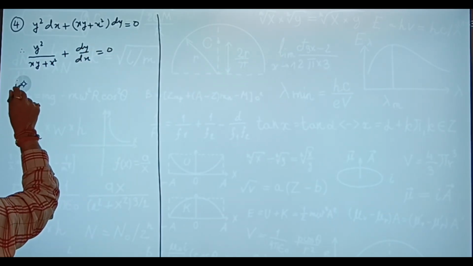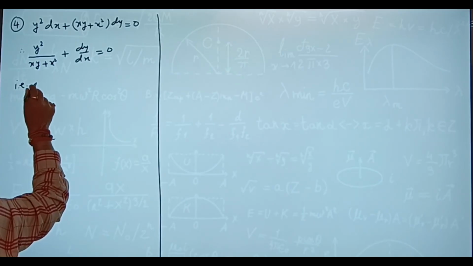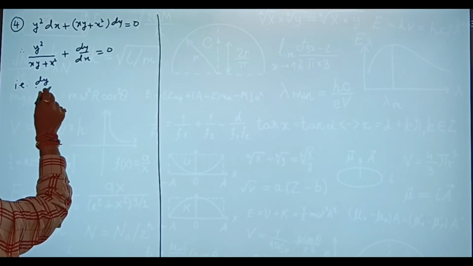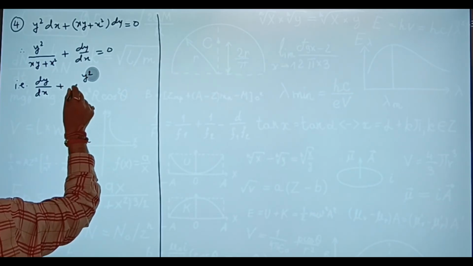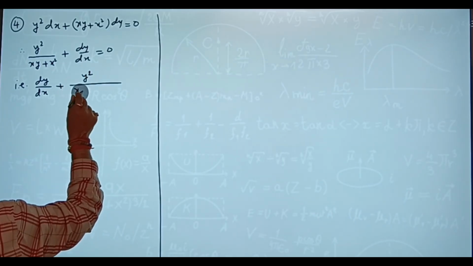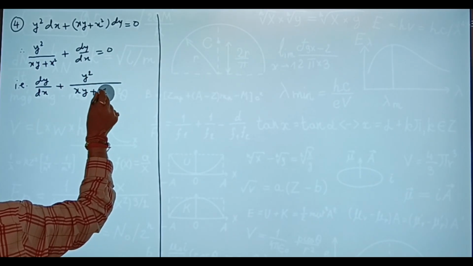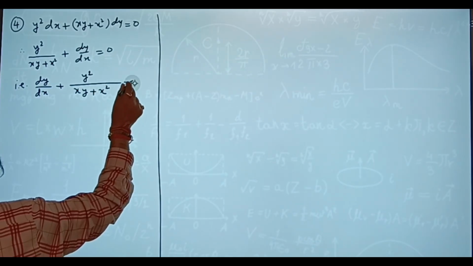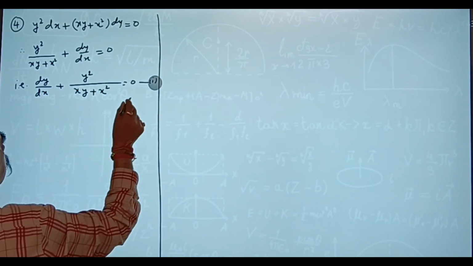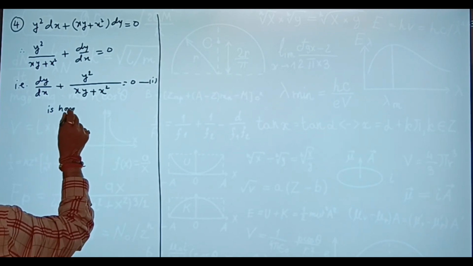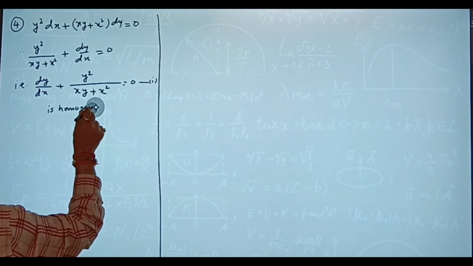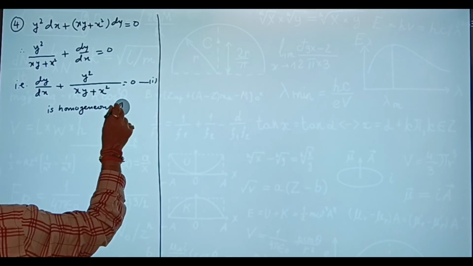That is dy by dx plus y square upon xy plus x square is a homogeneous differential equation.